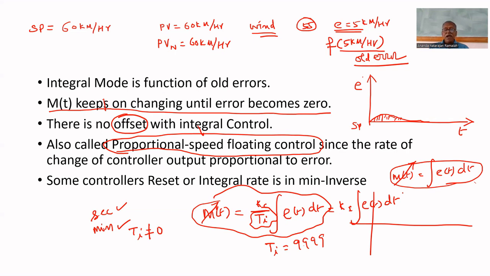Or there is a provision to turn off the integral mode. In some controllers, we have to enter Ti inverse, 1 by Ti. In that case, we can directly enter 0.